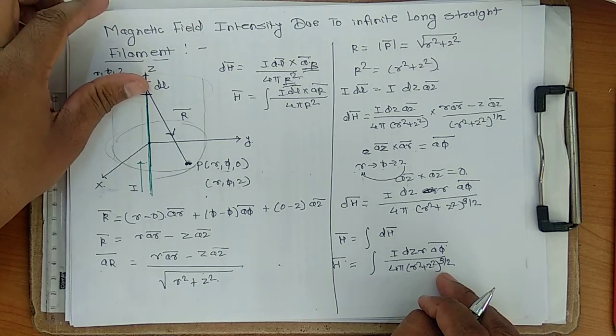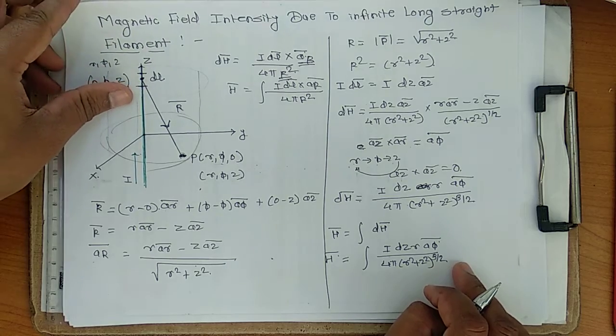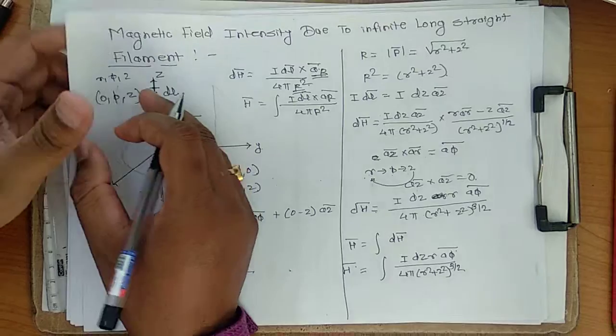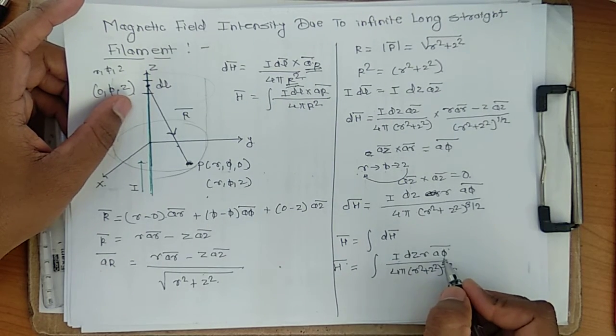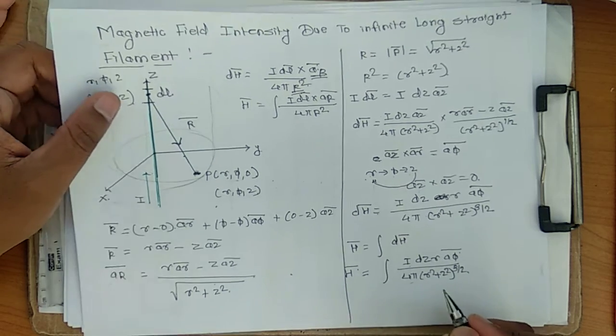Now we have to put only the part which is related to the integration, and the constants we have to take outside. So which is the constant? The current I is a constant. Then this Aφ̄, the unit vector, is a constant. We have to take it aside, and this 4π we also have to take aside.